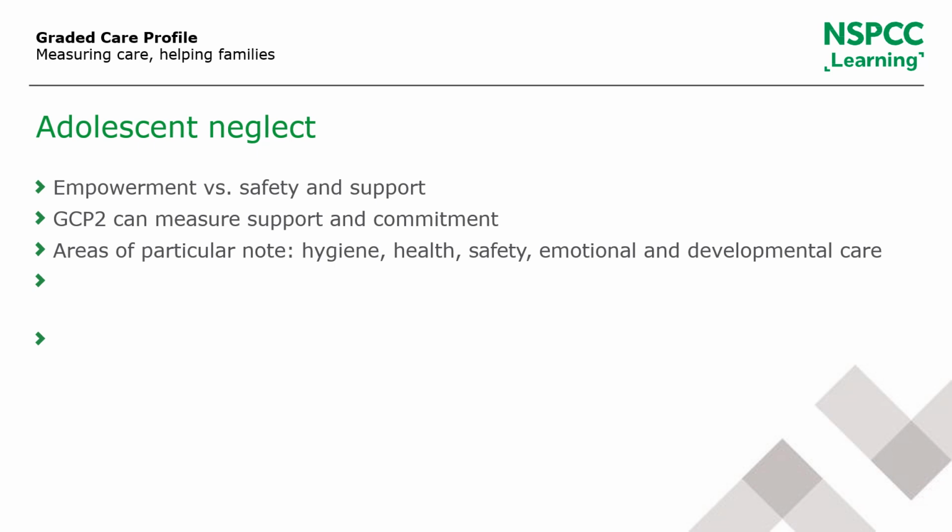And so does that emotional and developmental care. With younger children, there could be lots of play, reading stories together, going out to the park together, that kind of thing. As children and young people get older, they don't want to interact with those things in the same way. So how are we continuing to have that emotional connection and have that relationship and support the development of that child, but of that young person?